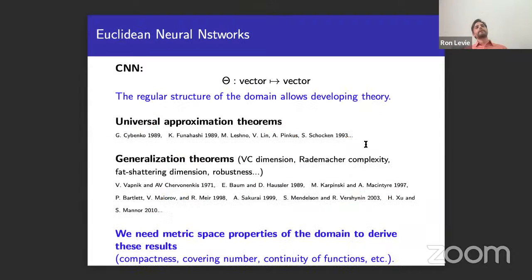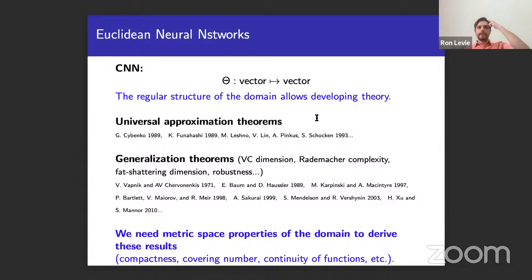So let's compare the analysis of graph neural networks to analyzing standard neural networks like multi-layer perceptrons or convolution networks. A standard neural network is a function that takes a vector in some predefined vector space and returns a vector in another vector space.